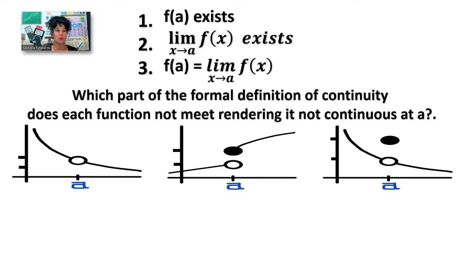But if we want to use the formal definition, let's go through part 1, part 2, part 3. As soon as we have found that we have broken one of these parts, we are done proving it, because if just one little piece is not correct, then it's not continuous. All right, let's start with this first graph at x equals a.